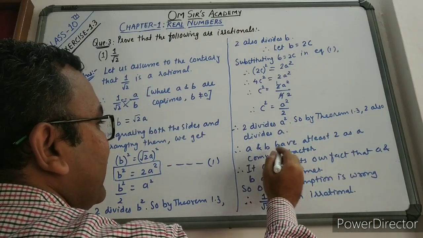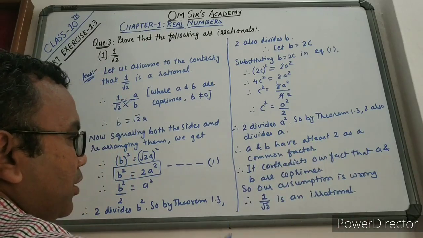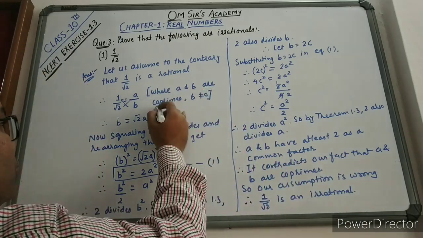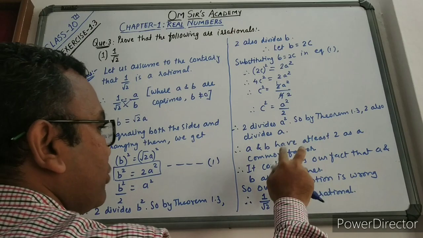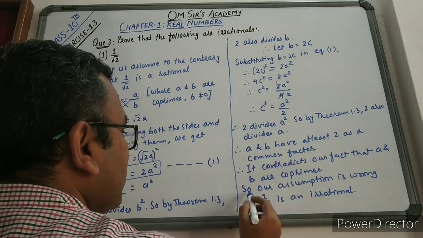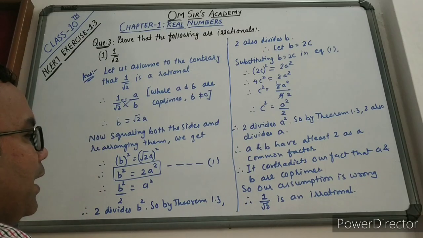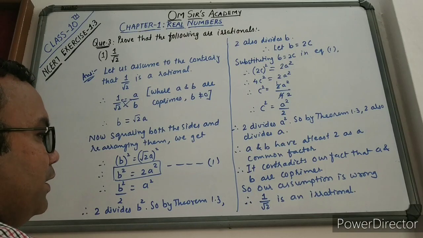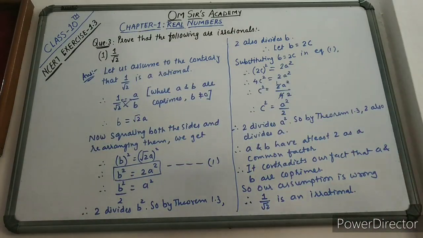So therefore a and b दोनों में they have at least 2 as a common factor. So it contradicts our fact that a and b are co-primes. हमने जो assume किया था कि a and b जो है वो co-primes हैं, उससे ये fact contradict कर रहा है. So our assumption is wrong and therefore we conclude that 1 upon root 2 is an irrational number. So hope this is clear, friends.